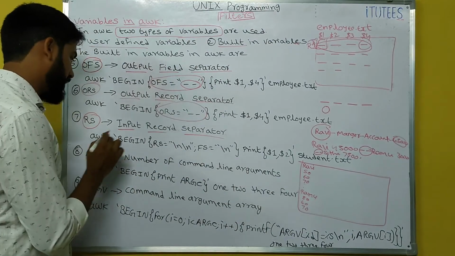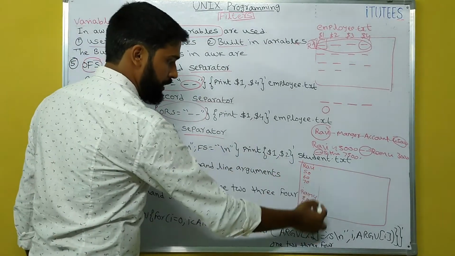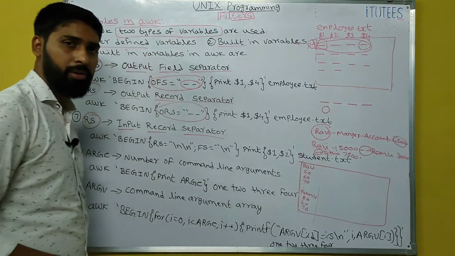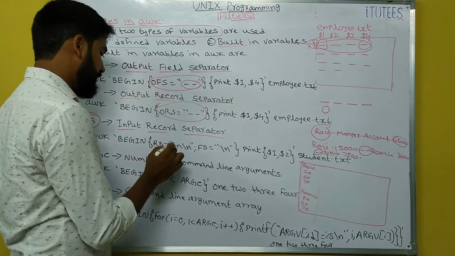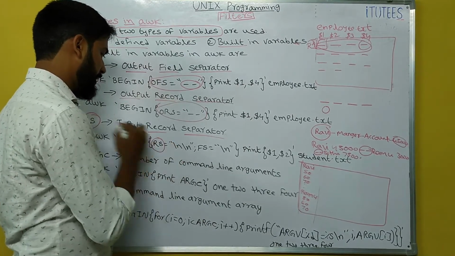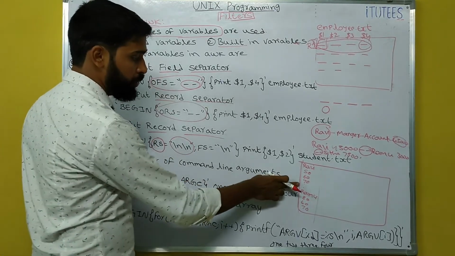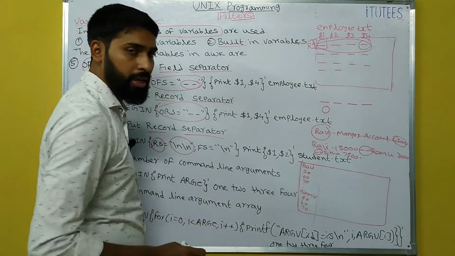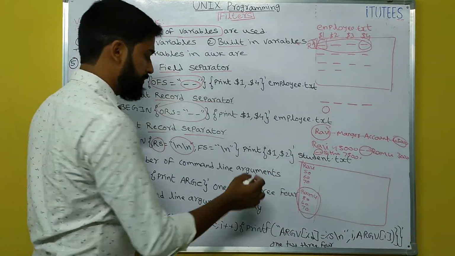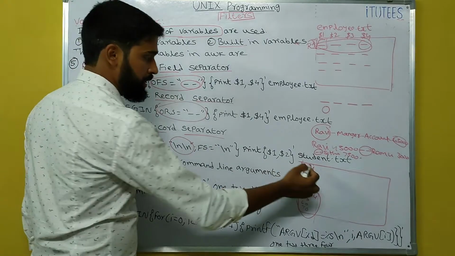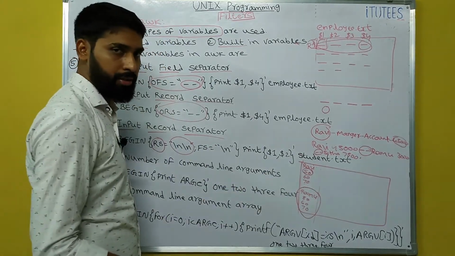Now if I print $1 and $2, it prints all the lines available in student.txt. But I can assign the record separator as \n\n. That means when two new lines are encountered, we treat this as one record, and FS is \n, so a new line is treated as a field.